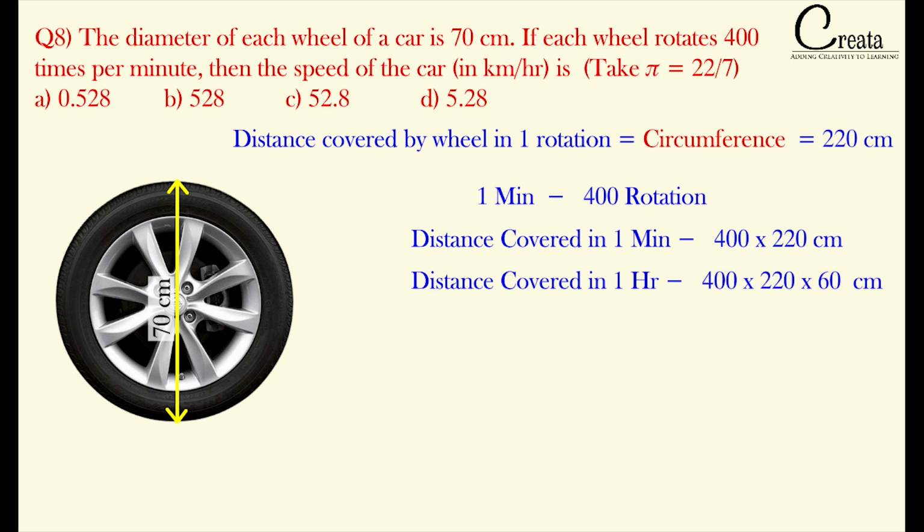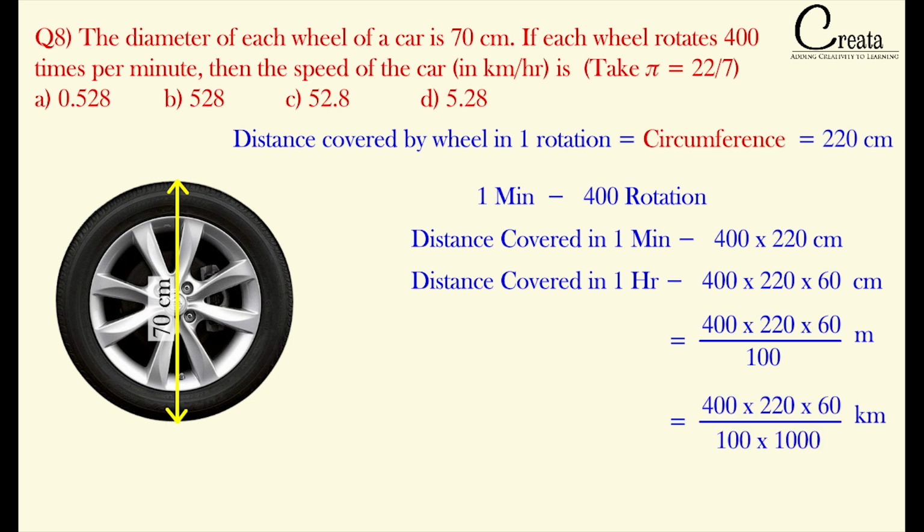So we got the distance covered by the car in 1 hour as 400 into 220 into 60. We have got the distance the car has covered in 1 hour. But the distance we have received is in centimeter. Let's convert the centimeter to meter by dividing it by 100, and further the meter to kilometer by dividing it by 1000. On solving, we got the answer as 52.8 km per hour. That is, the speed of the car is 52.8 km per hour. Got it?